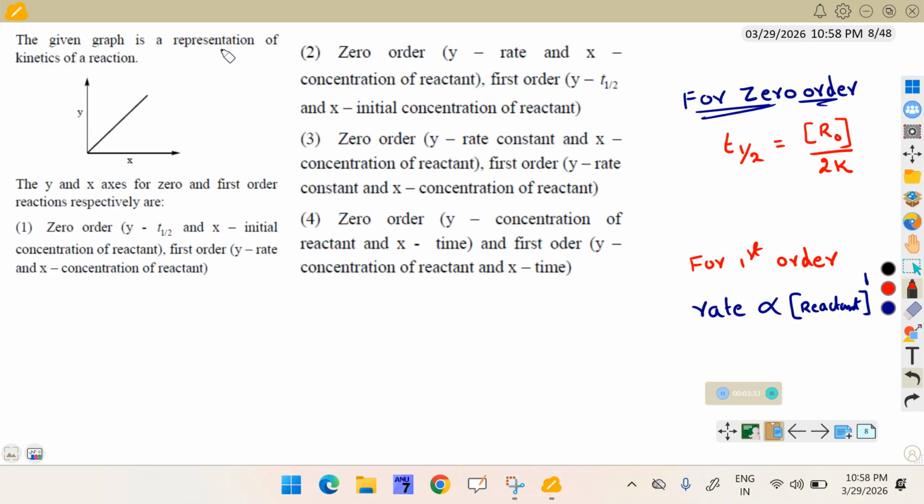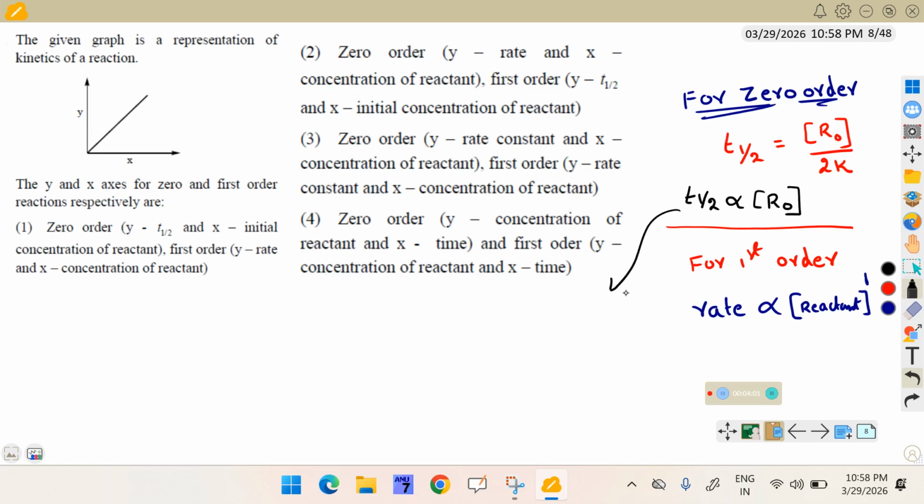The given graph is a representation of the kinetics of a reaction. What are the y and x axes for zero and first order reactions respectively? We know that for a zero order reaction, half-life time is equal to R0 by 2k. That means half-life time is directly proportional to the initial concentration of the reactant.